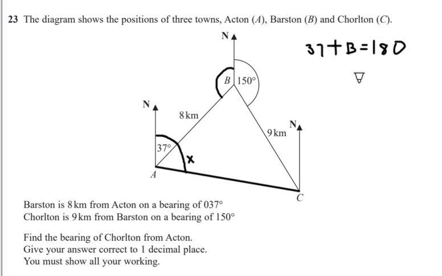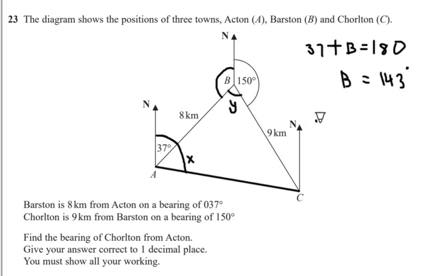So we can easily find out the angle B. Angle B will be 180 take away 37, and so that will be 143 degrees.